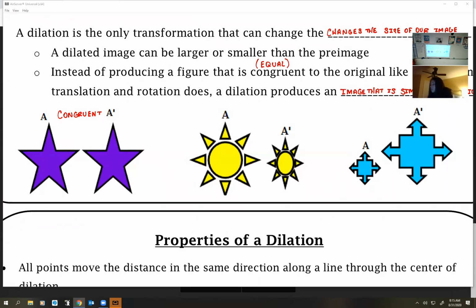Smaller. So we call that a reduction. And then looking at our blue square with arrows coming out of it, did our image get larger or smaller than our preimage? Larger, so we call that an enlargement.